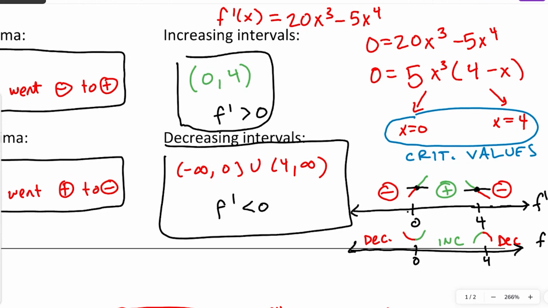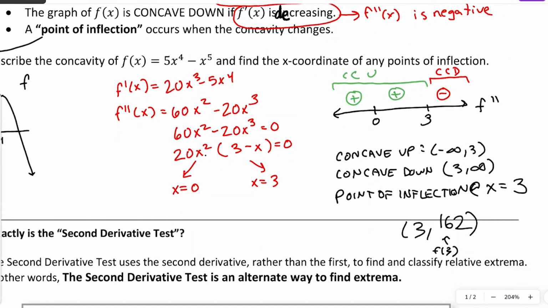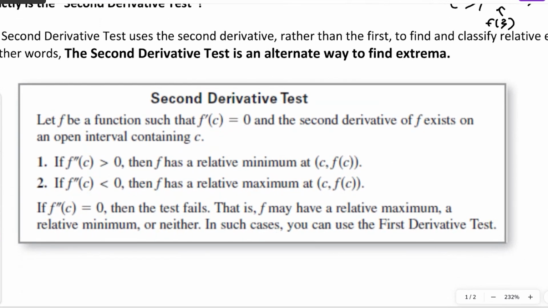If we find that the slope is 0 where the function's concave down, then we know we have a maximum. And this is basically what the second derivative test says: if f prime is 0, then you can find relative minima and maxima without making the sign chart. You don't have to check the sign of f prime.